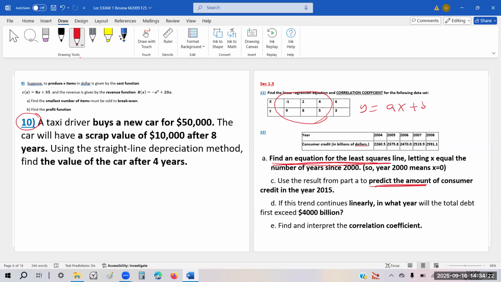And then I'll give you the correlation coefficient. You don't have to find it, just interpret it. I'll give you a number, and you have to tell me whether you have strong correlation, weak correlation, or any type of correlation. If you do, are they strong or weak? And what type of correlation, positive or negative?